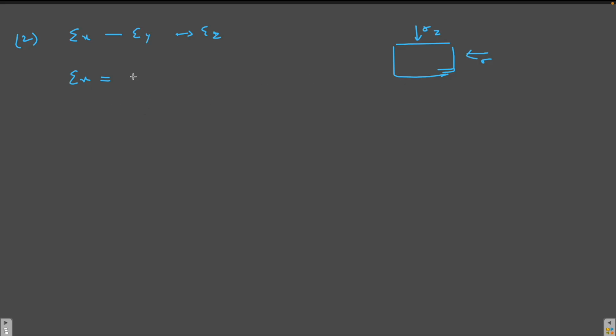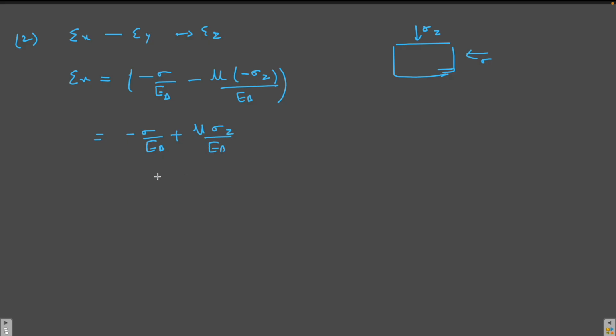So for strain in x direction, we use the formula minus sigma by EB minus mu sigma Z by EB.